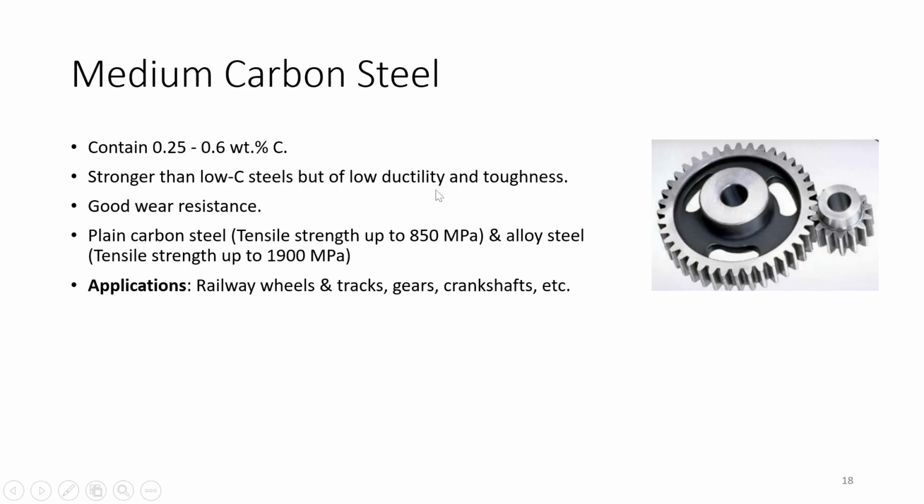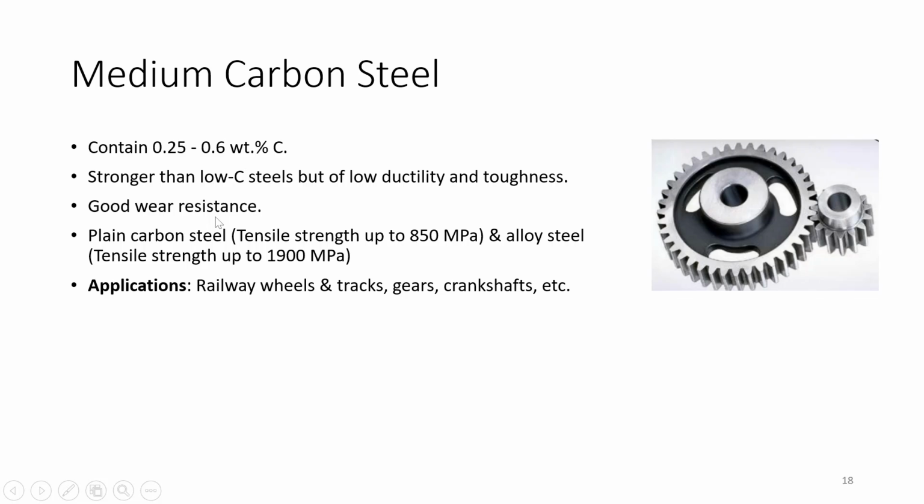As the carbon keeps increasing, it goes into interstitial positions and makes your iron stronger, but at the expense of ductility and toughness, these two reduce. These are always inversely proportional. If you keep on increasing your material strength, then ductility is more likely to reduce.